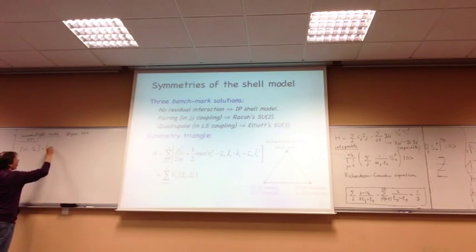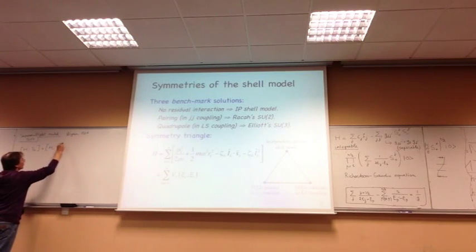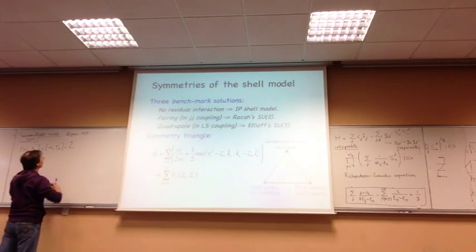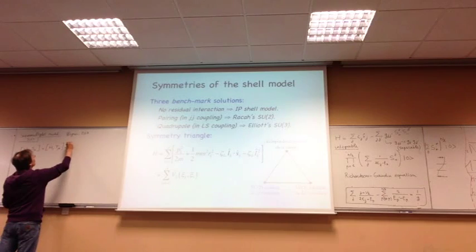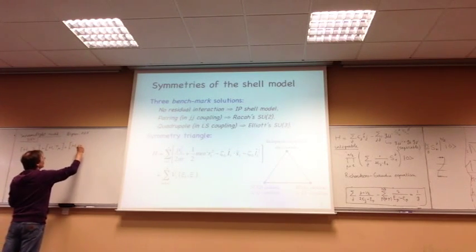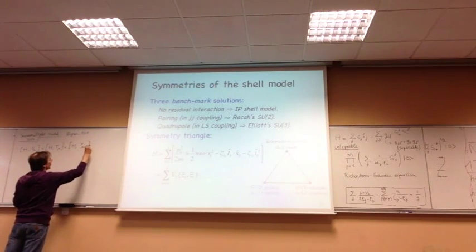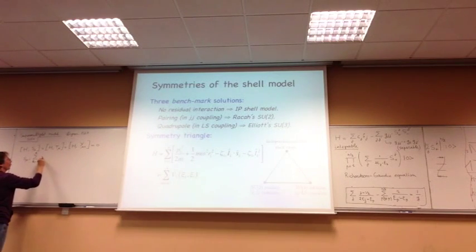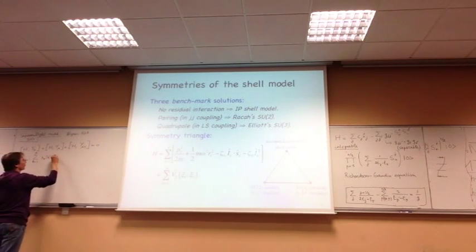It commutes with the isospin operators T, and it commutes with some operators which are double tensors, they have two indices, and we will explain what they are in a moment. So S is the spin, a sum over all the particles from 1 to A. The same thing for the isospin.